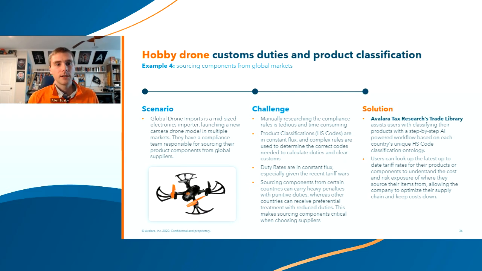So quickly, we're going to take a look at a scenario with drones. Our business, we're a global drone manufacturer. We want to start importing drones from China into the United States. So let's jump into the Avalara Tax Research Trade Library and see if we can figure out if we're going to be able to do that.